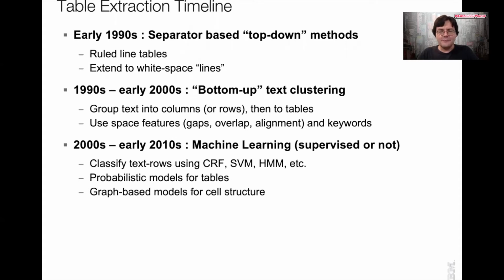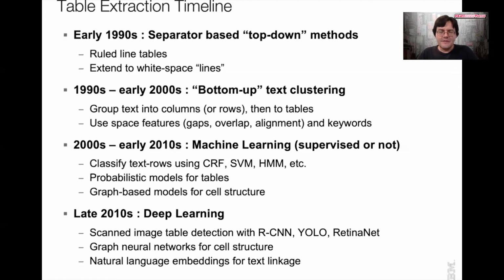One way to use machine learning is to identify rows on the page and then classify them into table rows and non-table rows using a collection of features. People also defined probabilistic models for tables and used graph-based machine learning to identify cell structure within a table.